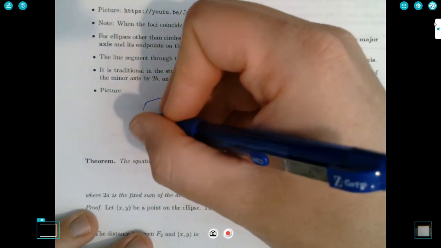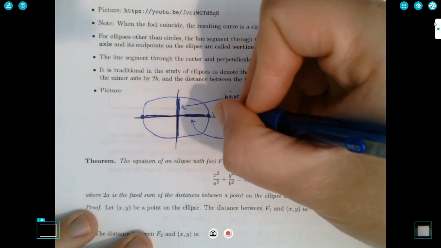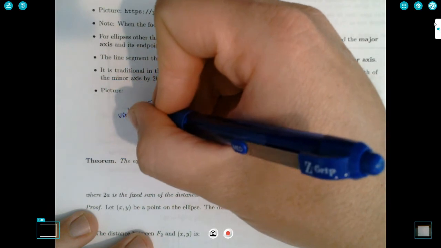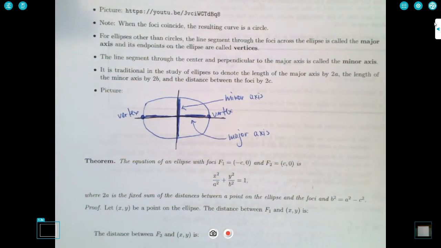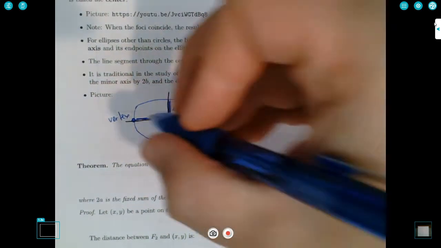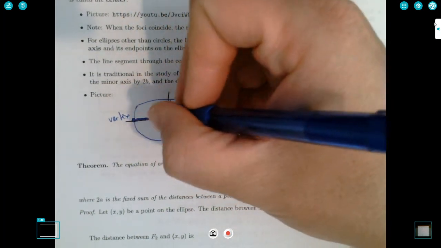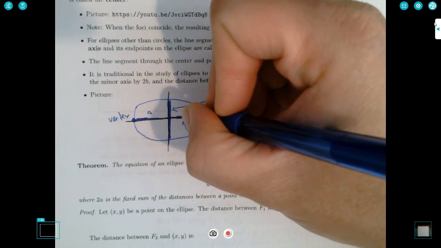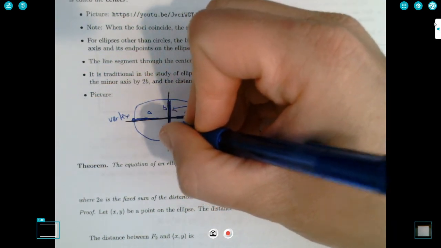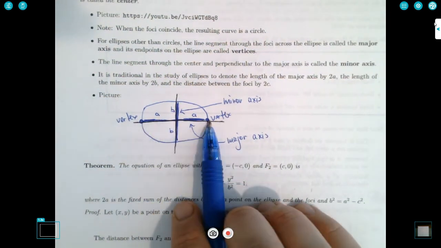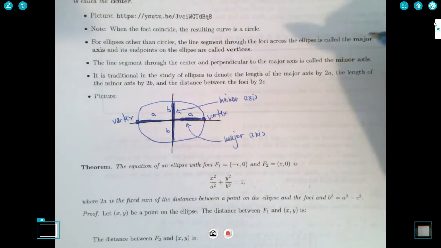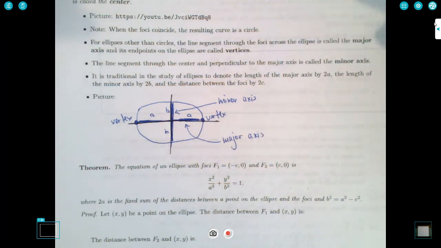These would be vertices. This distance from here to the center would be A, and this distance from here to the center would be A. This would be B, and this would be B. So the span all the way across would be 2 times A, and the span across here would be 2 times B. Oh, and then the foci.